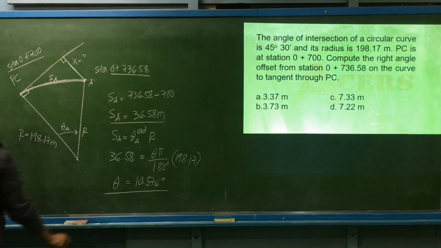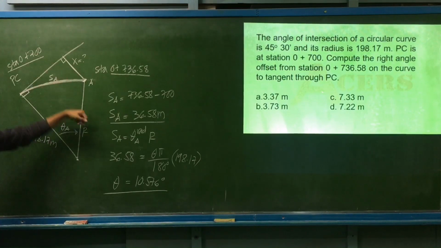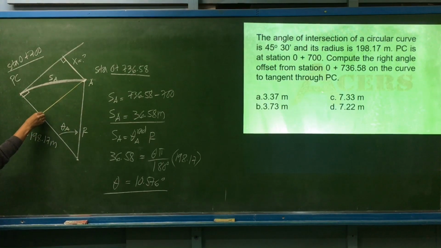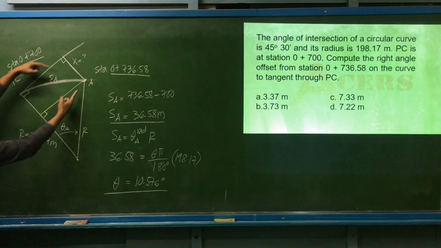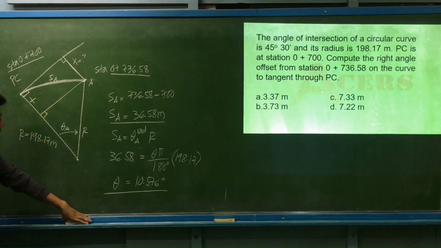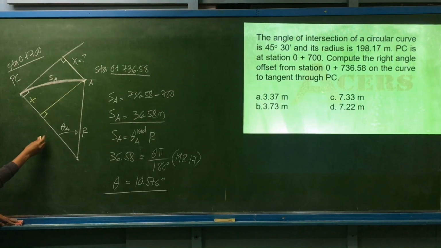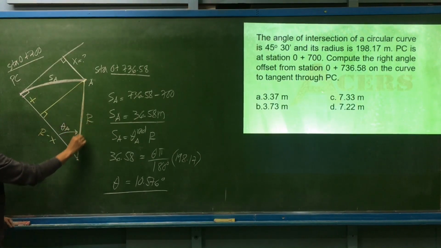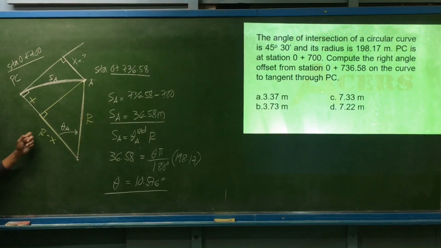So what is our technique to compute the perpendicular offset from the curve to the tangent? We project it up to the radius at PC. This is also perpendicular. Right? So if this is x, projected here, this is also x. The remaining portion here is the radius minus x, and this is still the radius. So this forms a right triangle.